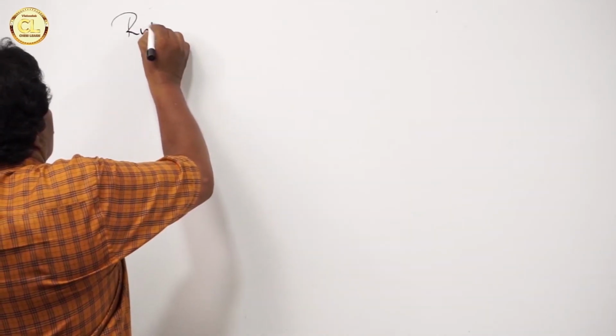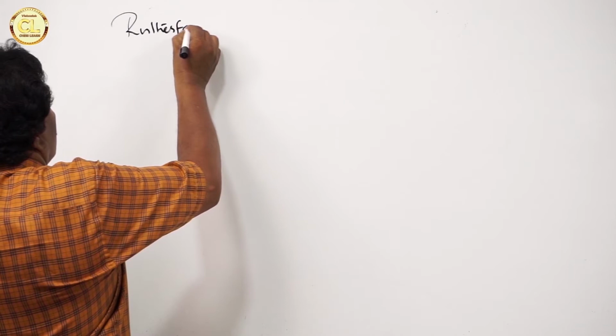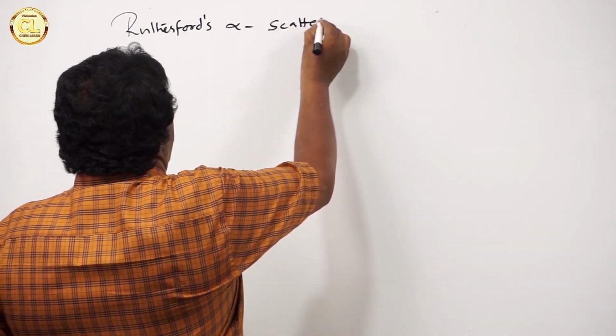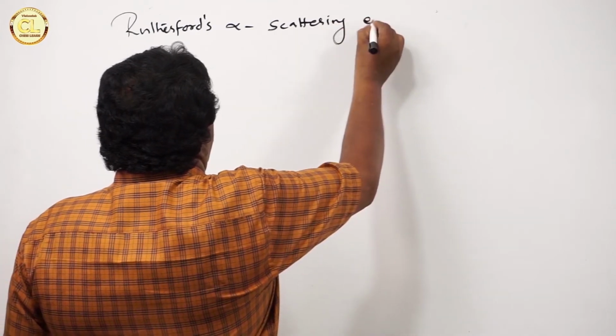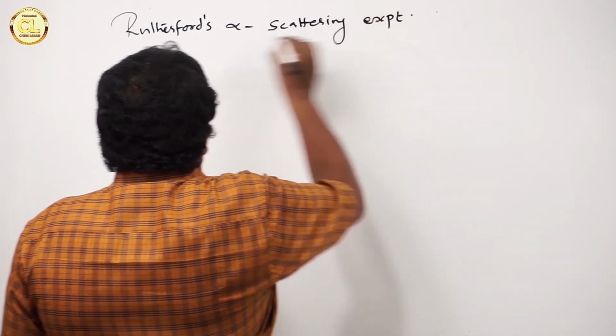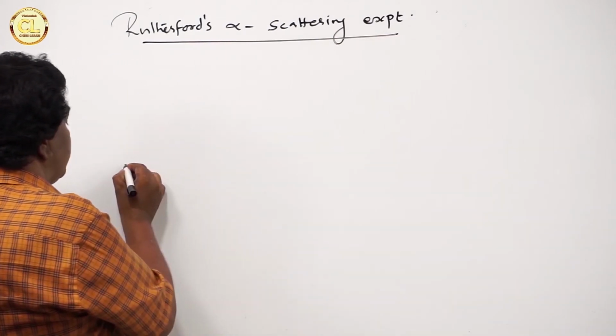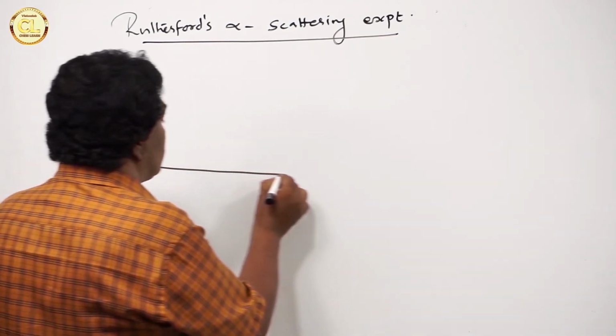Now we are going to learn Rutherford's alpha ray scattering experiment that led to the discovery of nucleus of the atom. A narrow beam of alpha ray is produced.